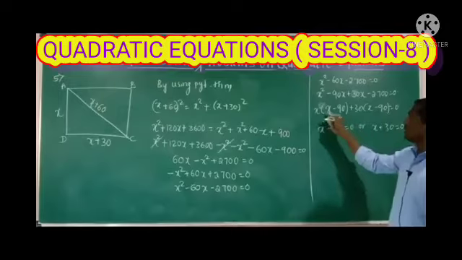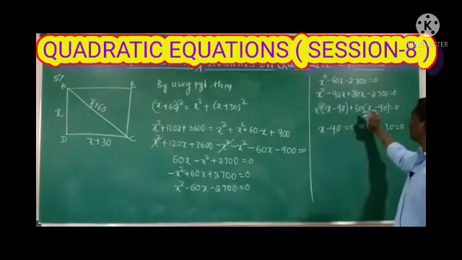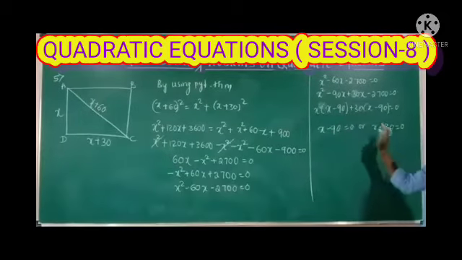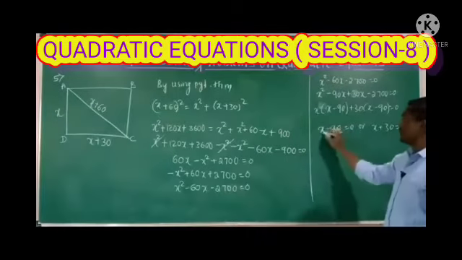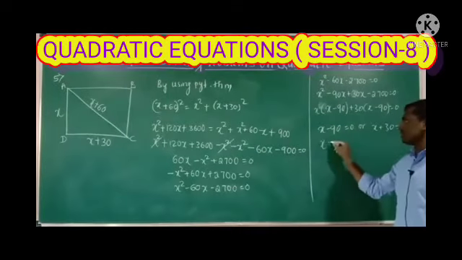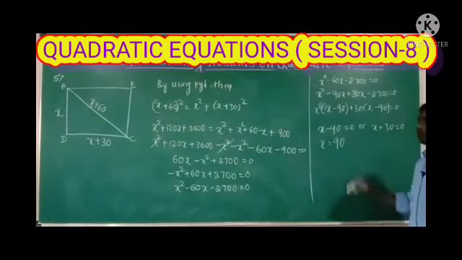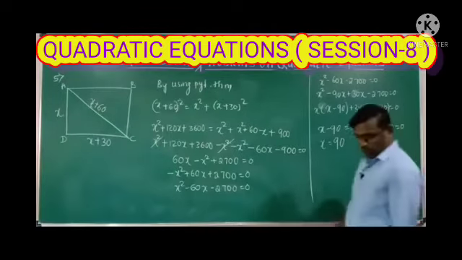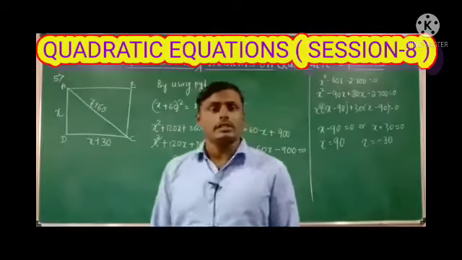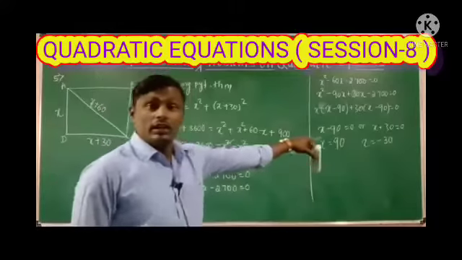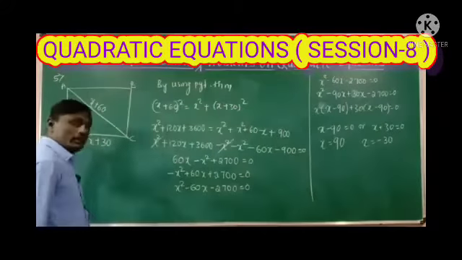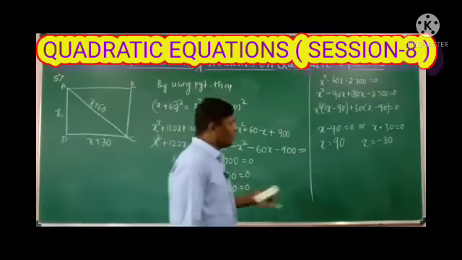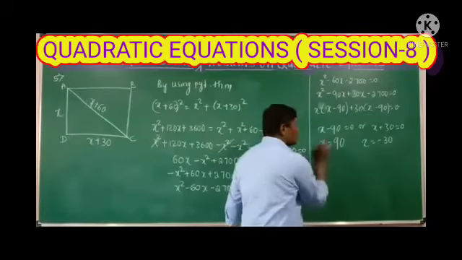Here x minus 90 is one root and x plus 30 is another root. If x minus 90 is equal to 0, then x is equal to plus 90. If x plus 30 is equal to 0, then x is equal to minus 30. Usually we do not consider negative values for the lengths of the sides of any geometrical figure. Therefore x is equal to 90.